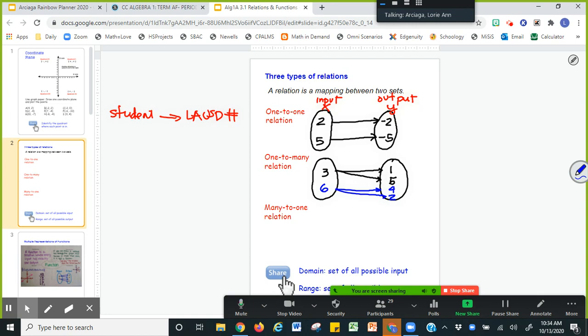Those are just random numbers to illustrate relations. So this is an example of a one-to-many because for every one element in our input, there's more than one element in the output. Go ahead and copy that as I prepare the oval for the last one.